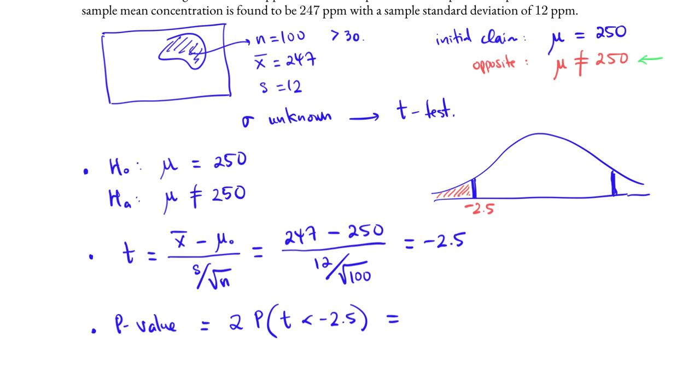If we use a calculator, we'll get 2 times 0.007, because the probability that t is less than negative 2.5, using the degrees of freedom of 99, one less than the sample size.